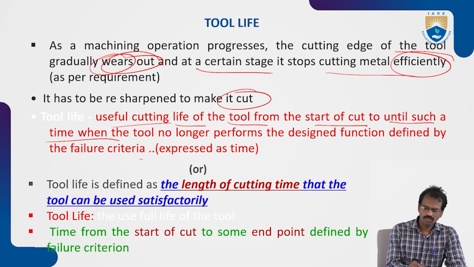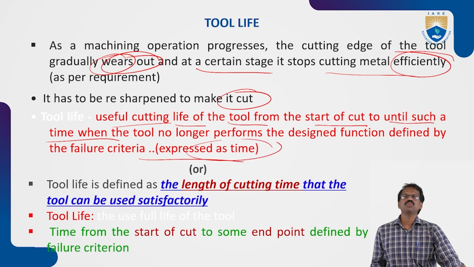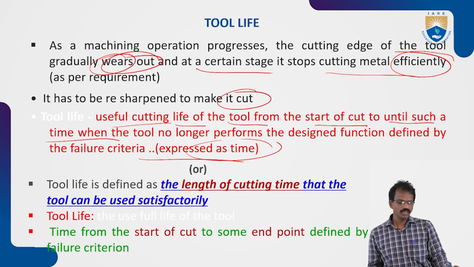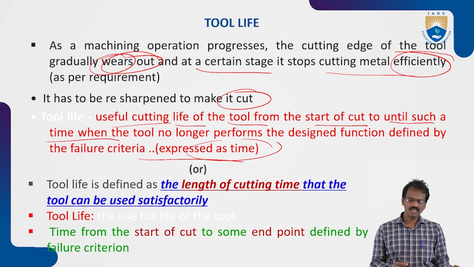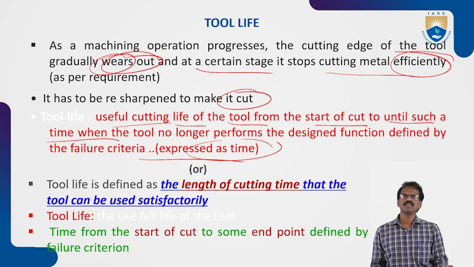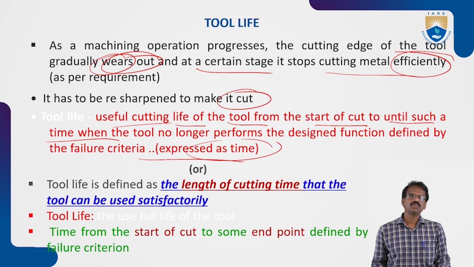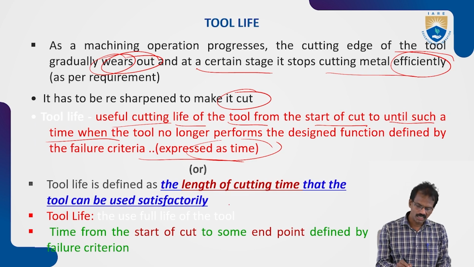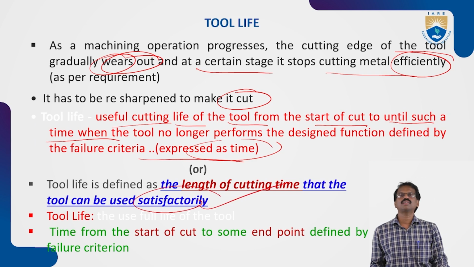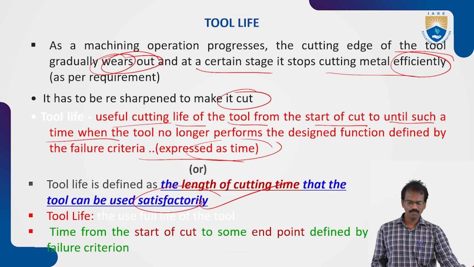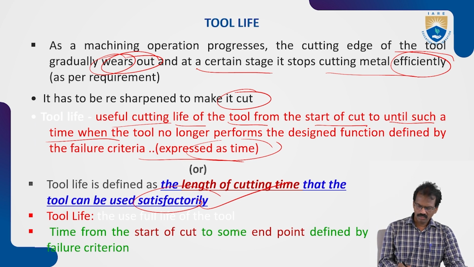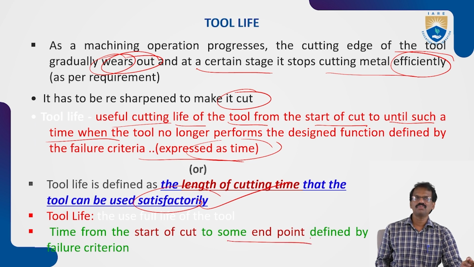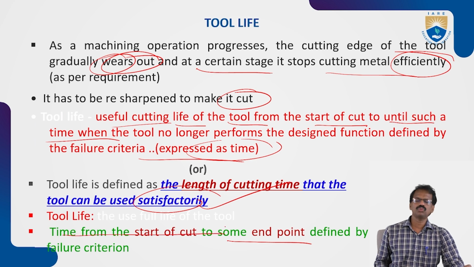Tool life is defined as the length of cutting time that the tool can be used satisfactorily. So tool life is the time from the start of cut to some endpoint defined by the failure criterion.